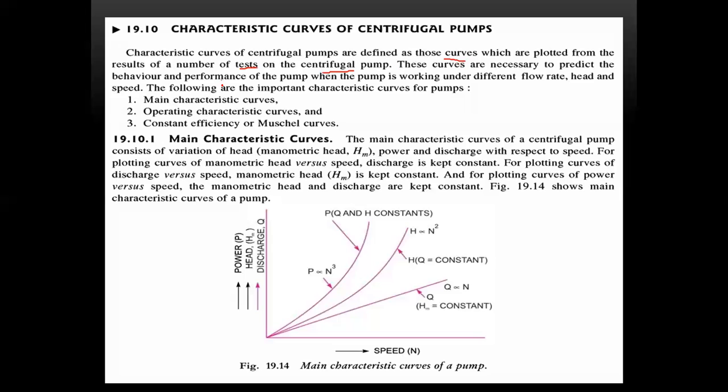Why do we draw characteristic curves for a pump or turbine? To see how many tests are carried out on the pump and predict the behavior and performance of the pump when working under different loads, different flow rates, different heads and different speeds.